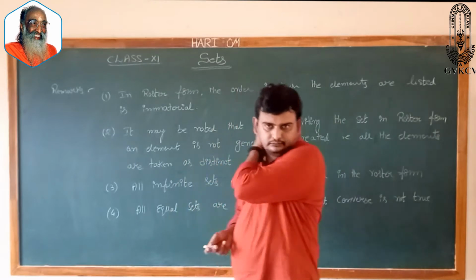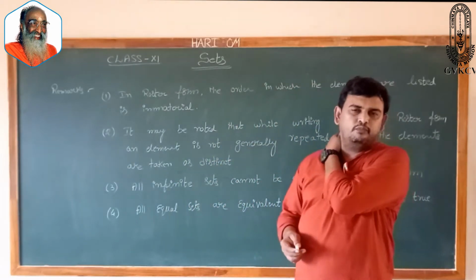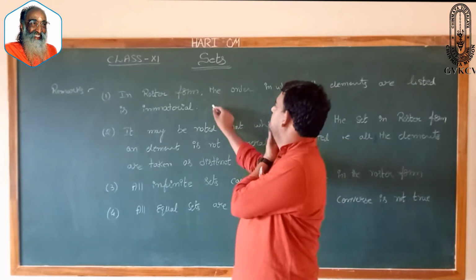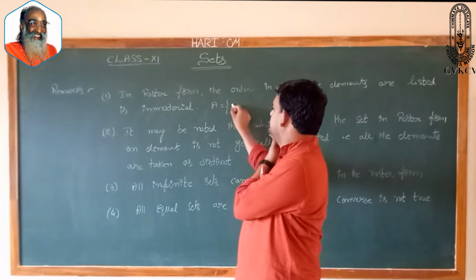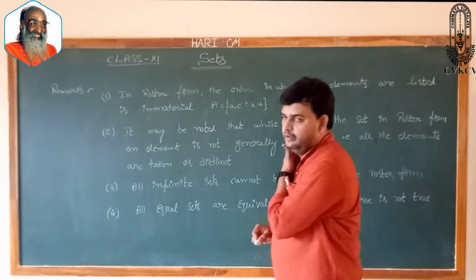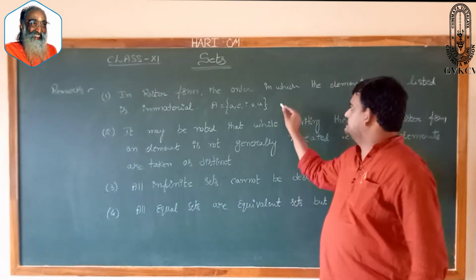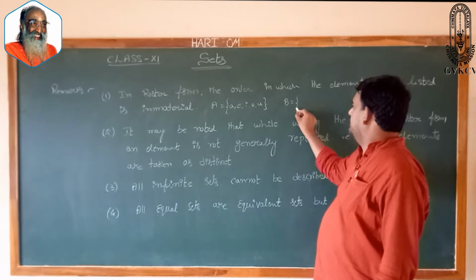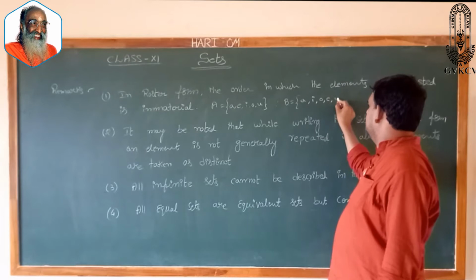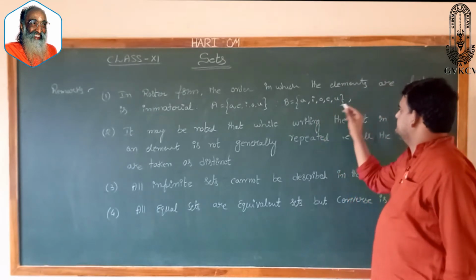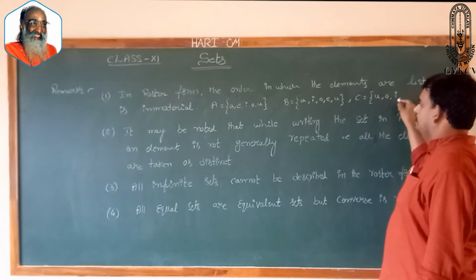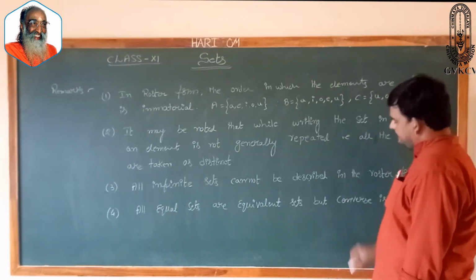For example, if I ask a student to write the vowels in the English alphabet, he might write the answer as set A equals A, E, I, O, U. If I ask another student, he might write A, I, O, E, U. If I ask some other student, he might write U, O, I, E, A.